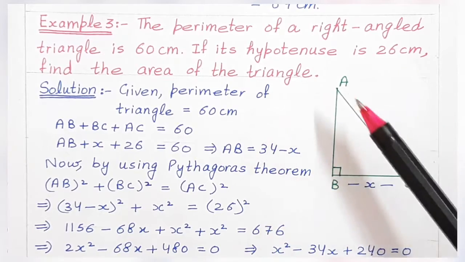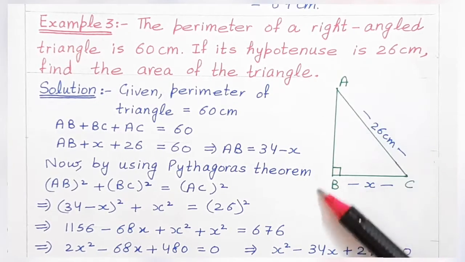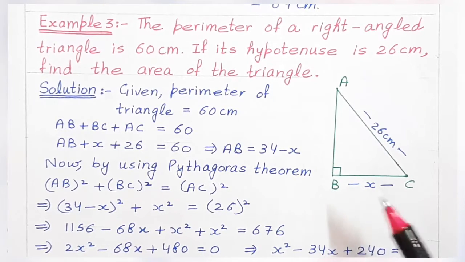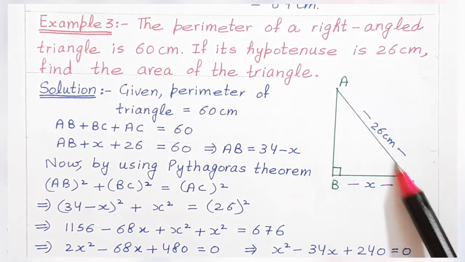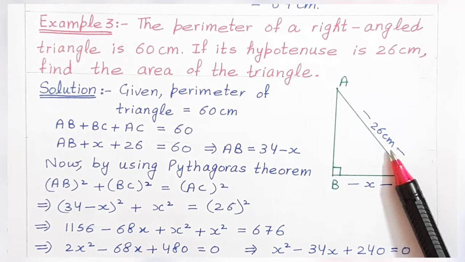Now we can see in the figure triangle ABC is right angled at B, where let us assume BC as x centimeter. Hypotenuse is already given, that is 26 centimeter.